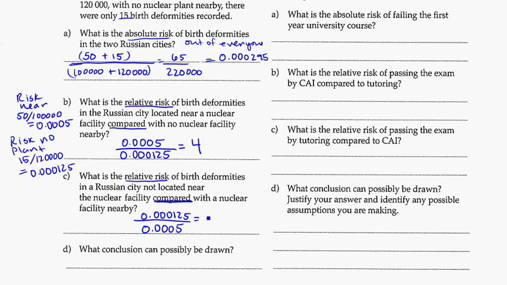When you put that into your calculator, you get 1.25, which should make sense because that's the opposite of 4, and we've just flipped the fraction upside down. So this is less than 1, that means it's less likely. In this situation, we're saying it's less likely to have a birth defect if you are not near a facility.